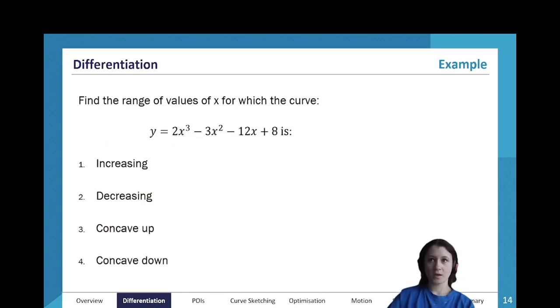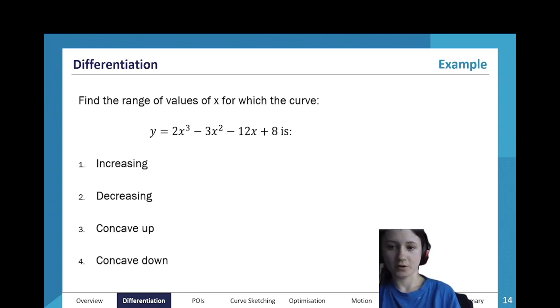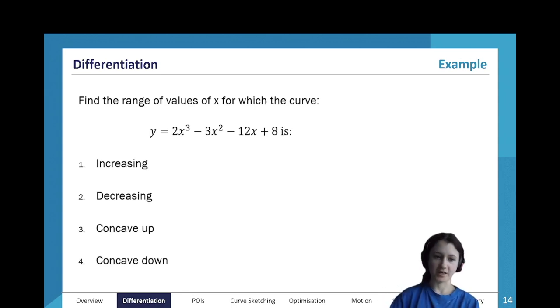Righty. Now we need to find the range of values of x for which the curve y is increasing, decreasing, and concave up and concave down. So before we actually go ahead and do this, let's just identify what each of these words mean. So remember, increasing is when the gradient is positive.